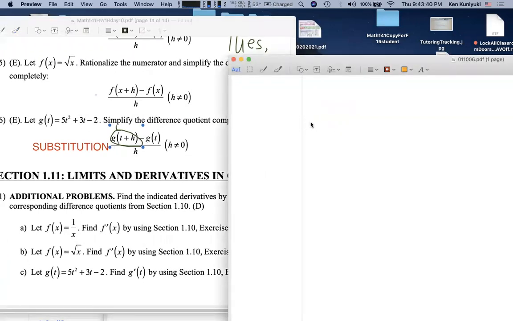So that difference quotient over there is going to be, I'll get straight to the point: 5 times (t plus h) squared plus 3 times the quantity t plus h minus 2.